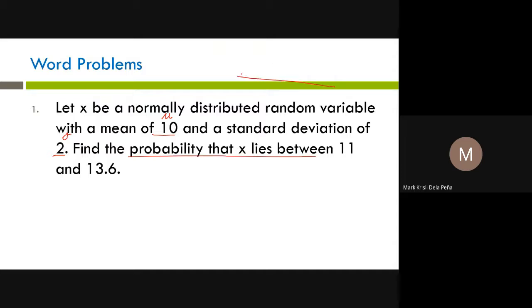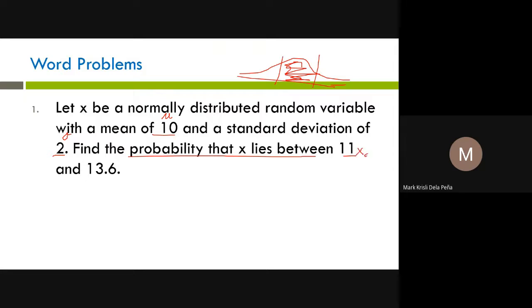So in the z distribution curve, we're actually asked the area in between. So our notation would be the probability of z sub 0 less than or equal to z less than or equal to z sub 1. And this will be our x.